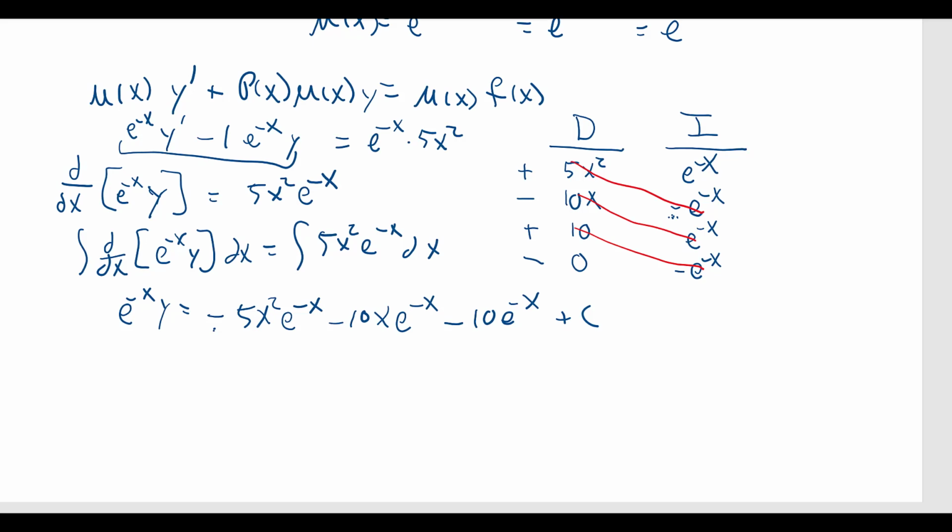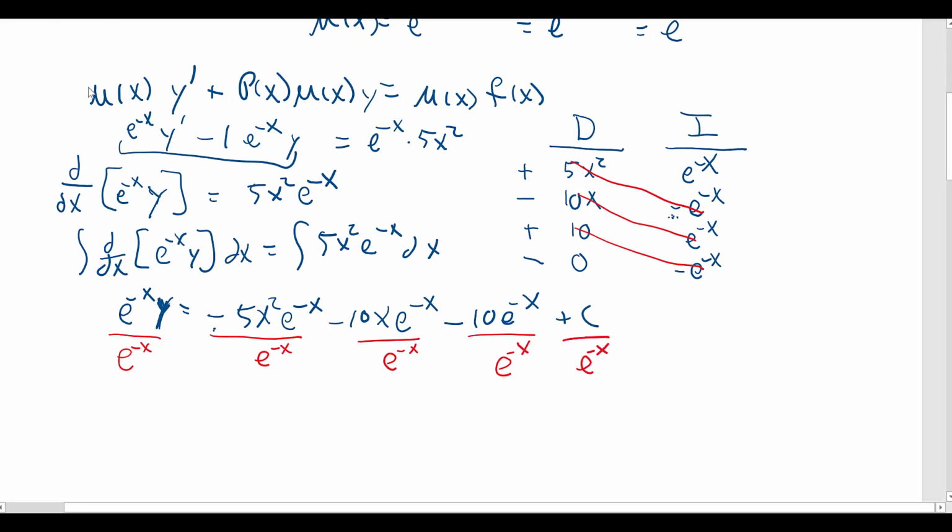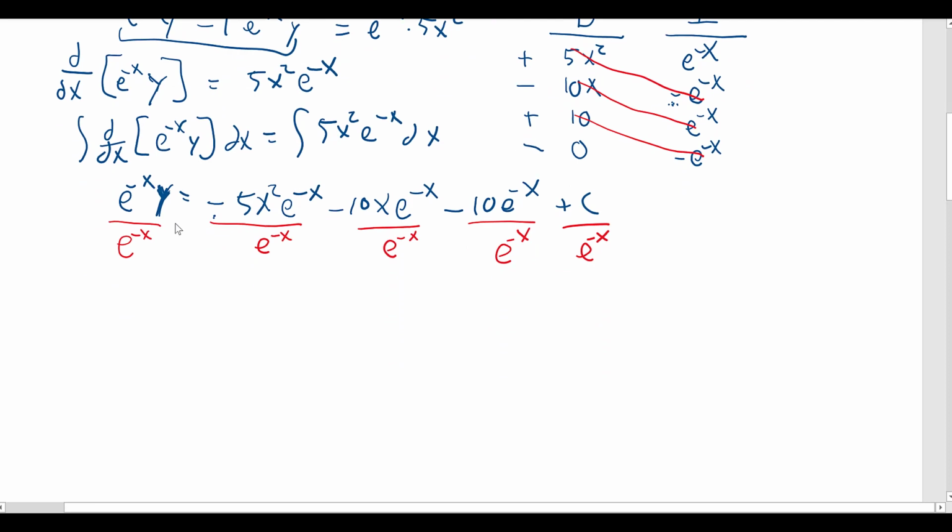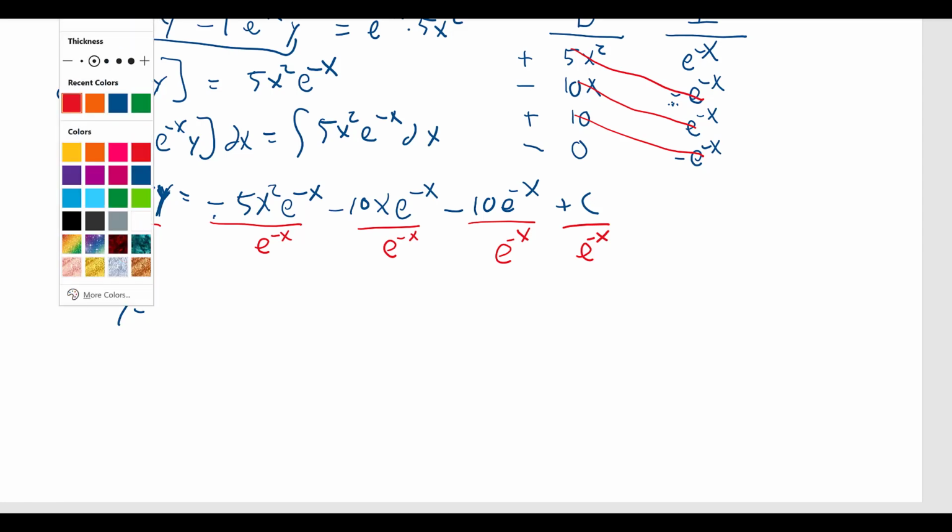And again, we're solving for y, so on the left side we want to get the y by itself, so I can divide everything by e to the negative x. And let's keep on moving here. So we have y equals, and let me change colors.